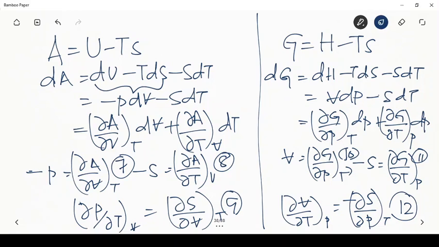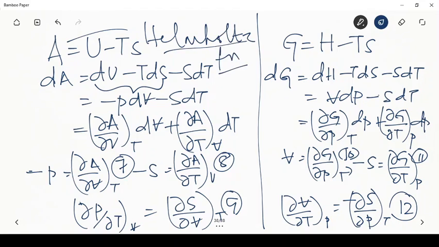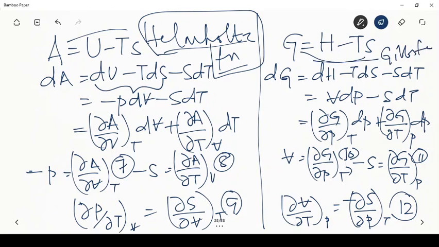And then we defined 2 other quantities: the Helmholtz function, or Helmholtz free energy as we call it, and the Gibbs free energy, or the Gibbs function.